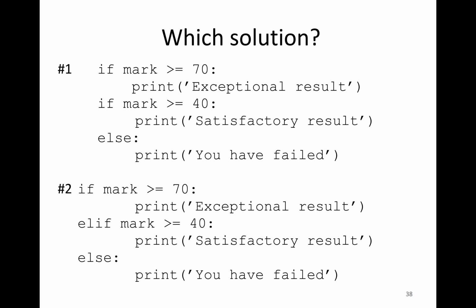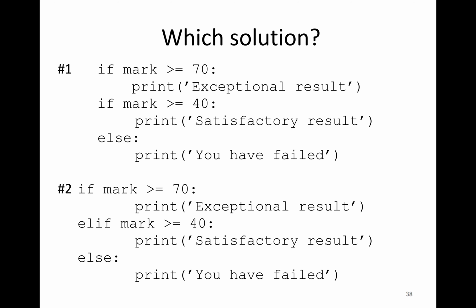If it's greater than 70, A is printed. If greater than 40, a simple pass is printed. The A grade and the simple pass both printed is unnecessary, and the logic is wrong. So if you have two if conditions, the first solution will print something which is not necessary, which is wrong.